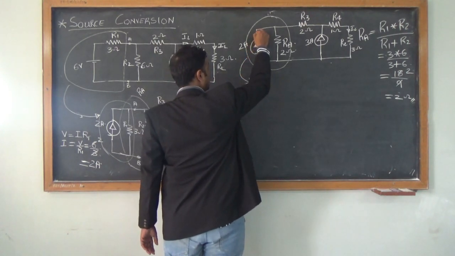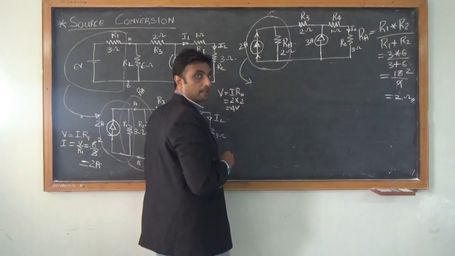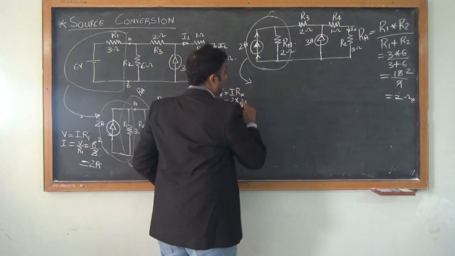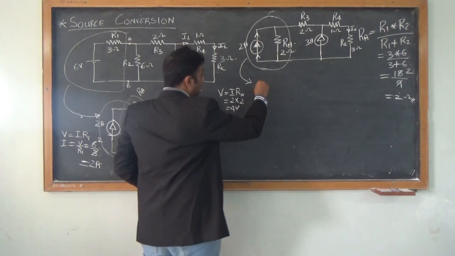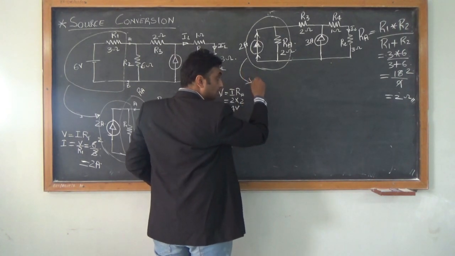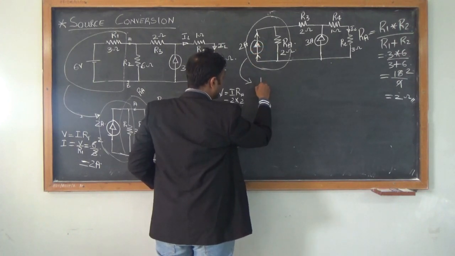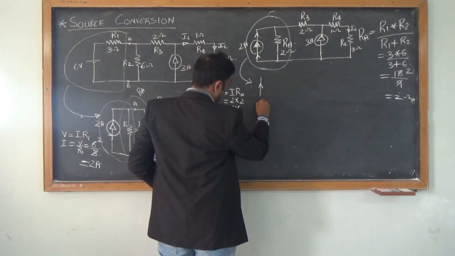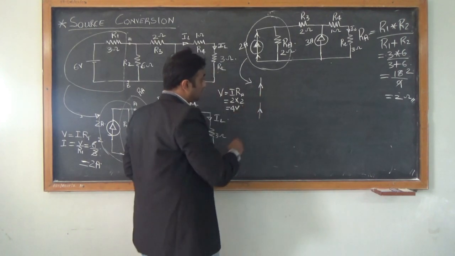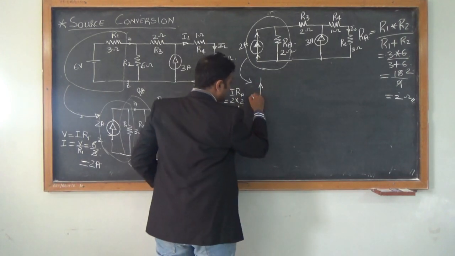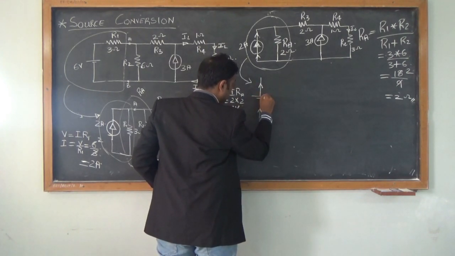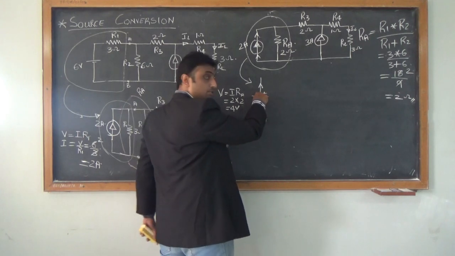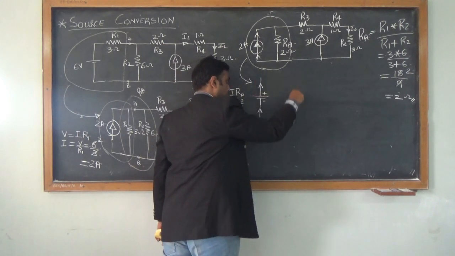Now what is the current direction? In this way, the current is moving from down to top. So when I am using my voltage source, its sign convention also will follow the same direction. My current is moving from down to top, so my voltage source sign convention will be positive and negative. The reason is that in a voltage source also the current moves from positive and goes to negative.